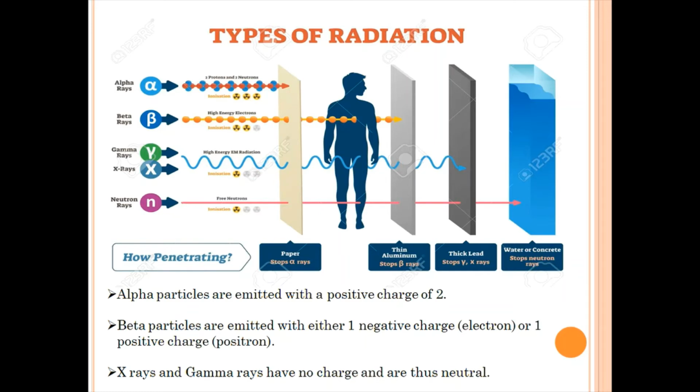One is electric charge. Alpha particles are emitted with a positive charge of 2. Beta particles are emitted with either one negative charge, known as an electron, or one positive charge, known as a positron. X-rays and gamma rays have no charge and are thus neutral.